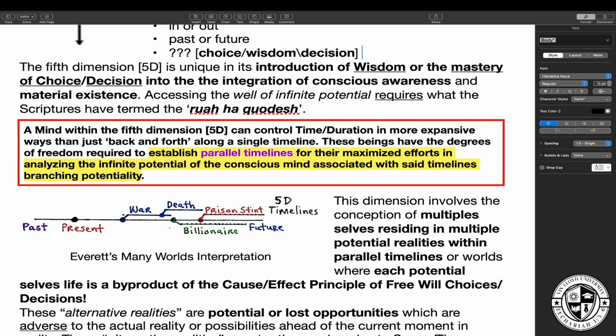These beings have the degrees of freedom required to establish parallel timelines for their maximized efforts in analyzing the infinite potential of the conscious mind associated with said timelines' branching potentiality.